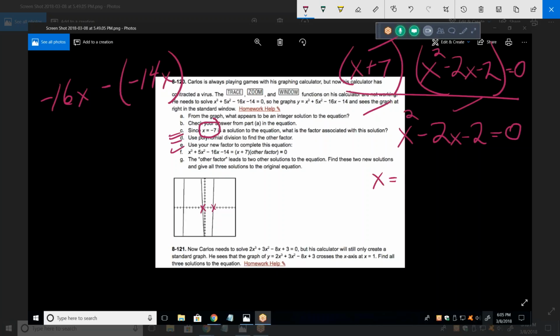Tell me what that is. Well, I should know. First of all, I can see that this is not factorable. But more importantly, I can see from the graph that I don't have integer solutions. So I'm pretty sure it's not factorable just from that. So I immediately go to the quadratic formula.